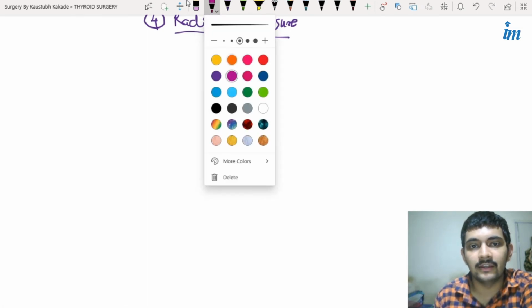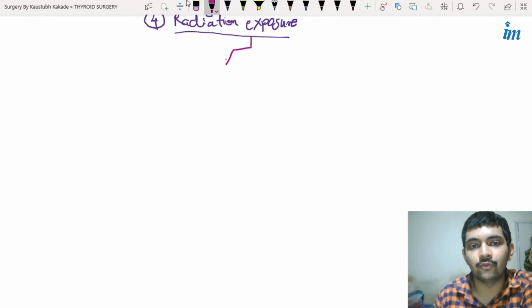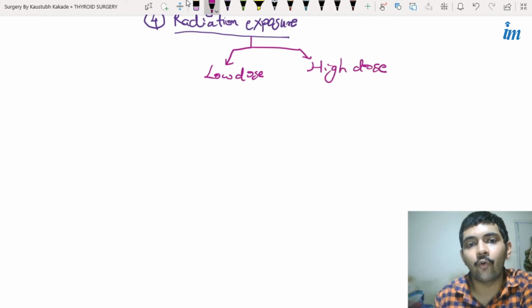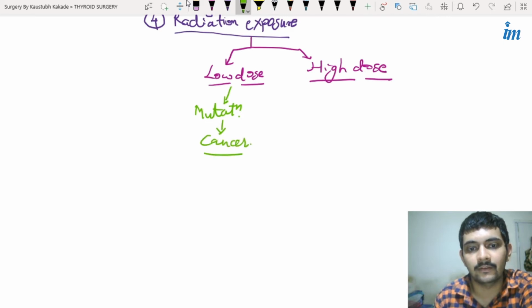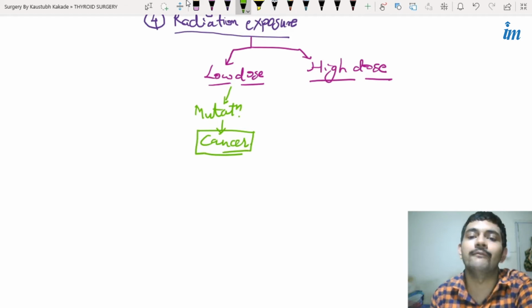Radiation exposure can be divided into two types: low dose radiation and high dose radiation. What dose of radiation is going to increase the suspicion of malignancy? Definitely, this is going to be taken based on history. But understand that low dose radiation causes mutagenesis, that is mutation, and this mutation will in turn lead to cancer. So this is highly suspicious of malignancy, and hence we are going for an FNAC.